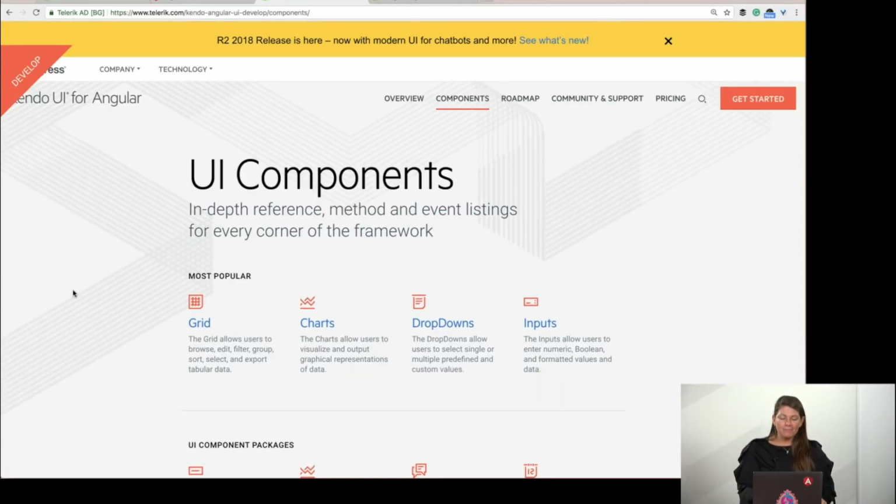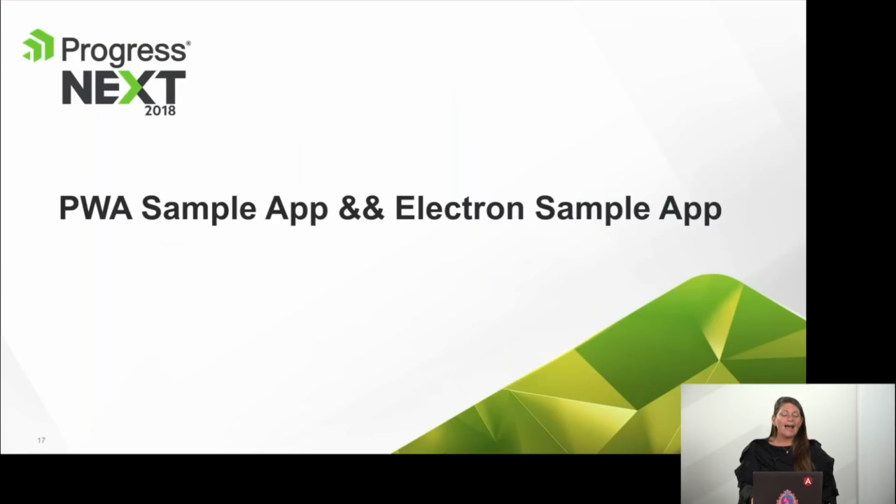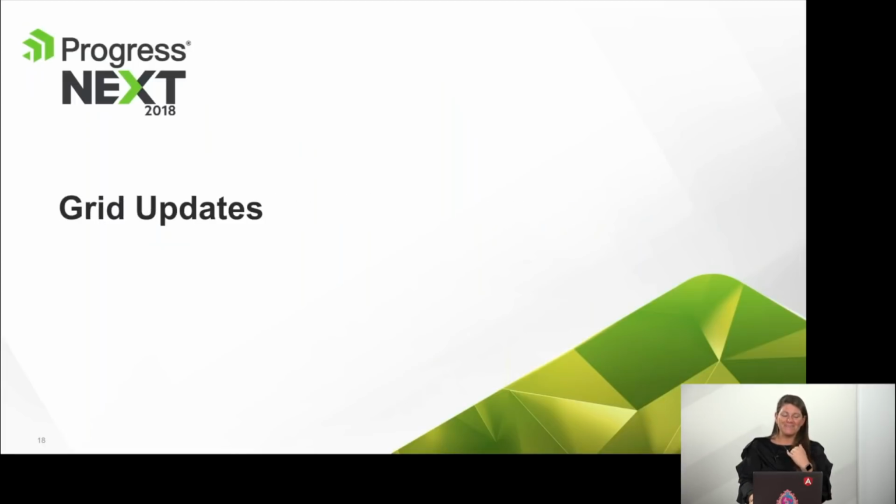And so this is a really cool place. As soon as something's on develop, it'll be on the docs here. So yeah, definitely check that out. That's great. I know, I was like, what? This is so cool. Yeah. So yeah, those are the two sample apps that we have right now that we wanted to highlight. The next cool thing, we have a couple grid updates.